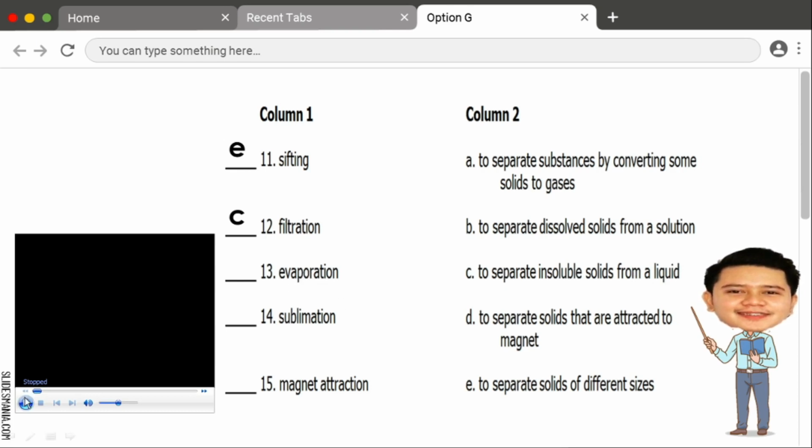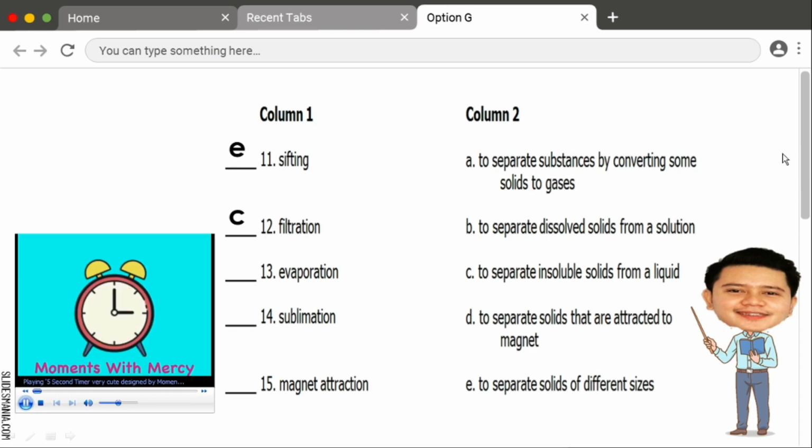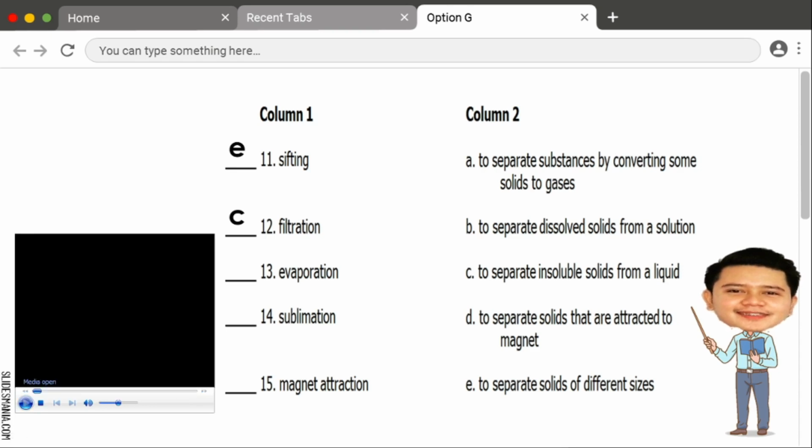Timer starts now. When we say evaporation, it is to separate dissolved solids from a solution. It's like salt solution in a dish. Next, sublimation. Timer starts now.